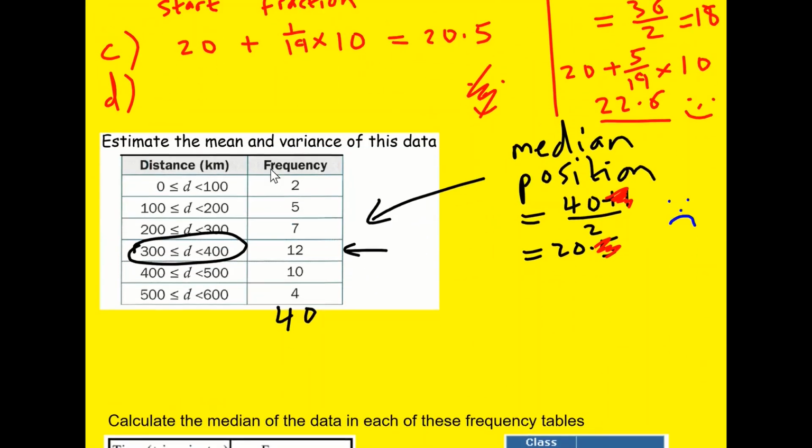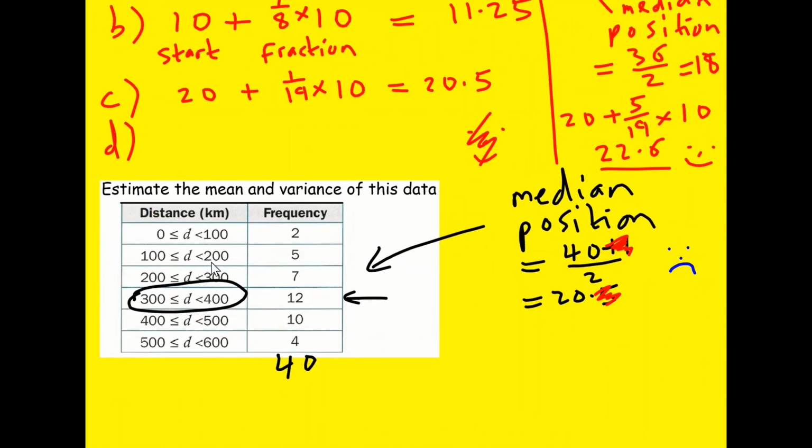Okay, so I'd like you to now, because we talked about this previously, finding out which group the median is in, can you now find an estimate for the median? Right, so we've got that the median position is 20, so I'm going to write the cumulative frequency down 2, 7, 14.